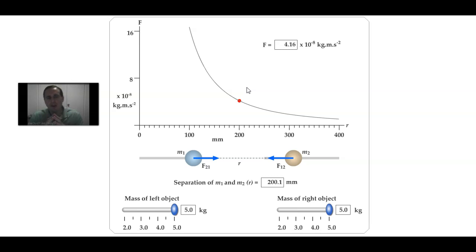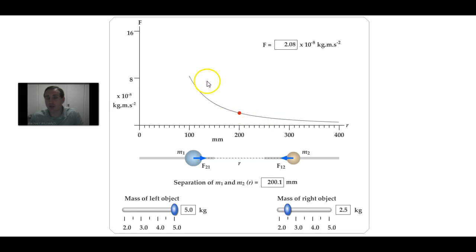So let's see if we can verify what we were saying before. Let's now decrease the mass of mass 2, leaving mass 1 the same size. Let's see if we get half of what we had before. So let's make this 2.5 kilograms. And notice that we do get half.